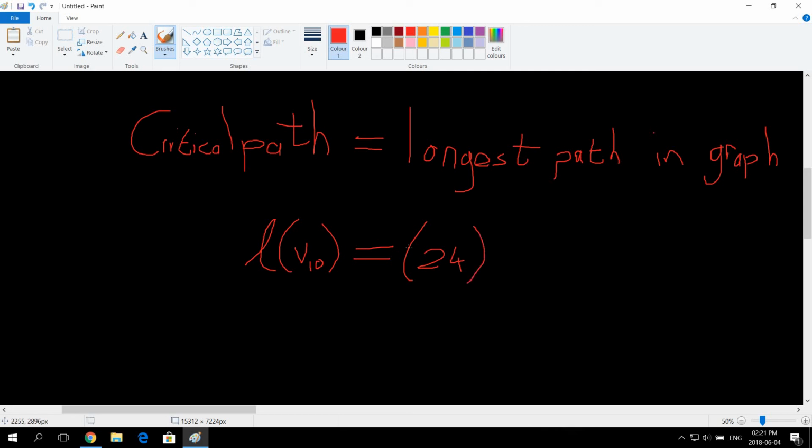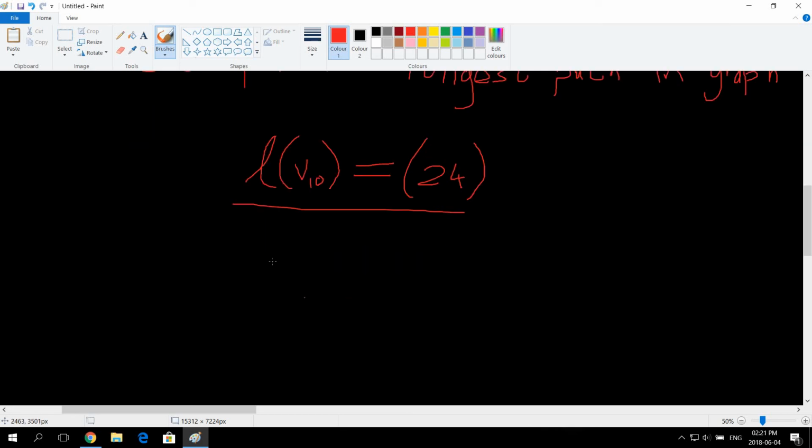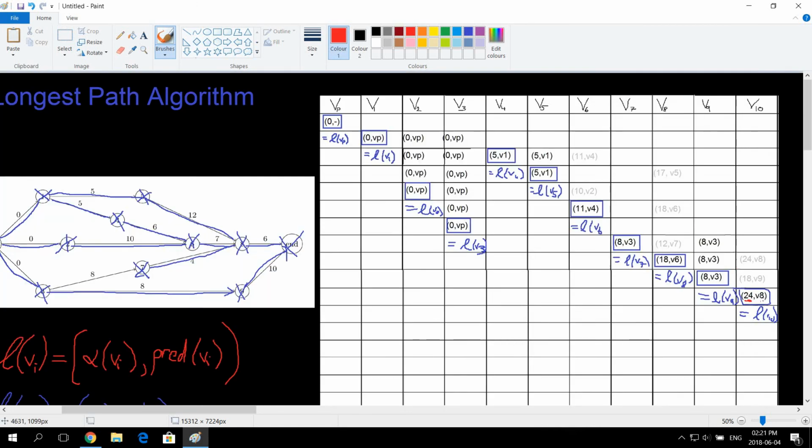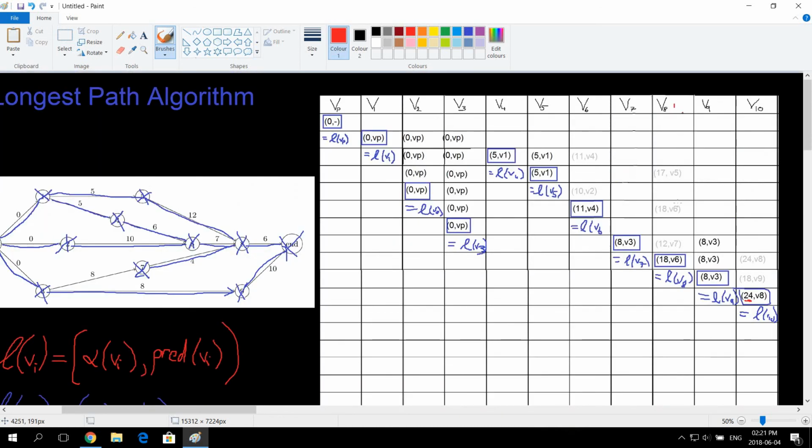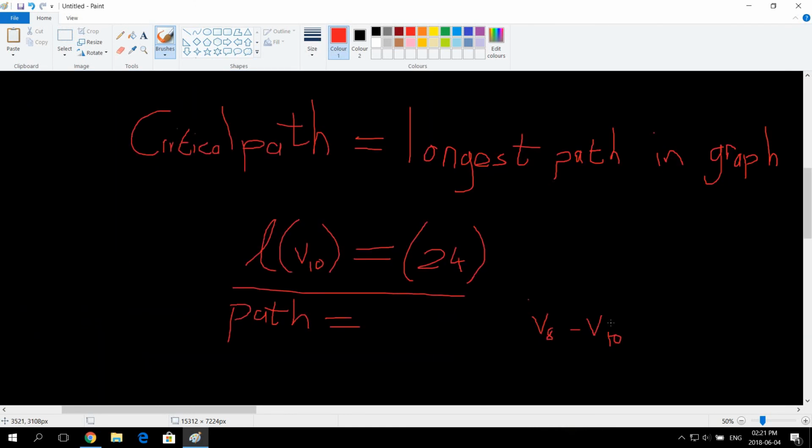So here you can actually say this equals 24, and the path equals, so what I do is I go V10, and now it gets easy, and then I just look at the predecessor. So V10 came from V8, so make a mark there, V8. V8 came from V6, sorry, not went to, so came from V6.